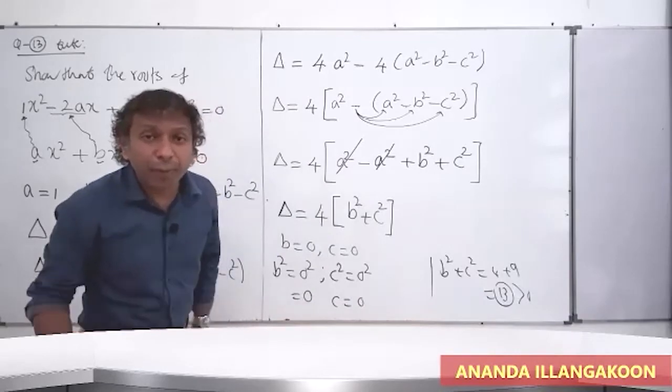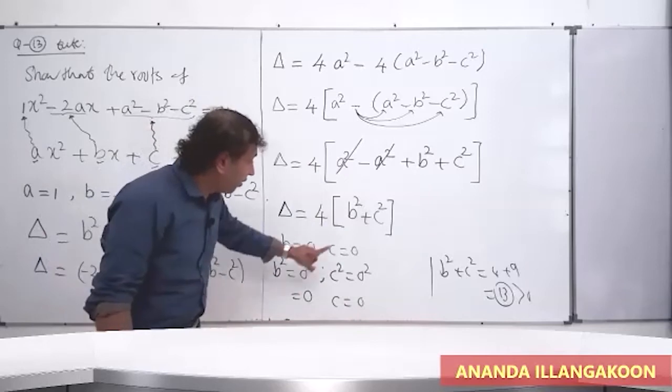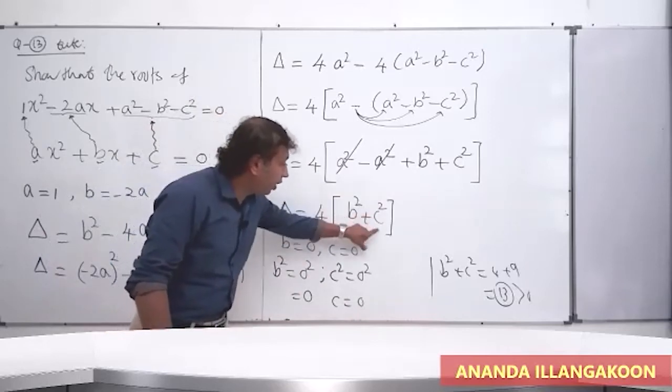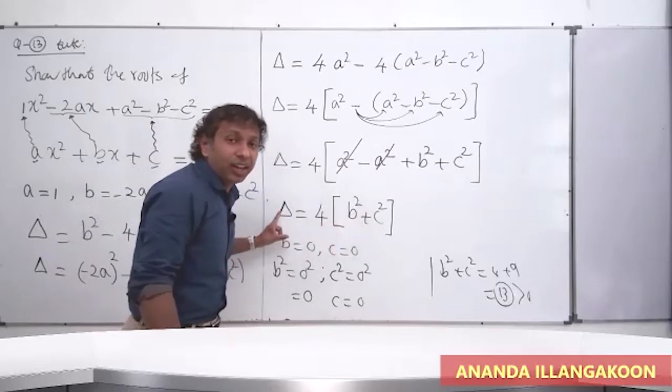When both b and c take 0, b squared is 0, c squared is 0, 0 plus 0 is 0, 4 into 0 is 0, and delta becomes 0.